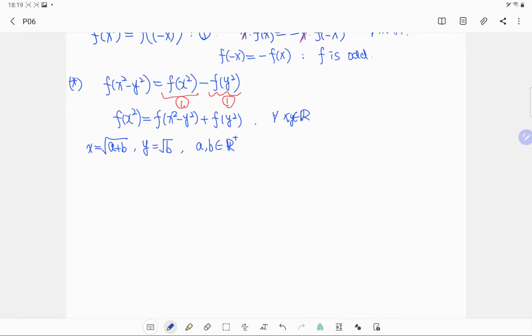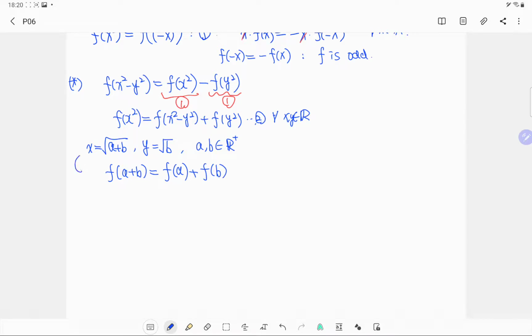So we substitute these two into equation 2. So we will have on the left side f of square root of a plus b squared, which is f of a plus b, and then equals f of x squared, which is a plus b, y squared is b, so that x squared minus y squared is a, and then f of y squared is f of b.